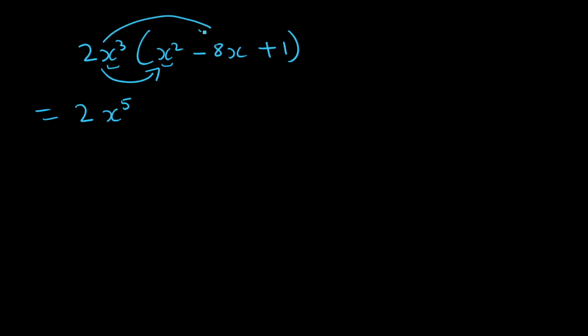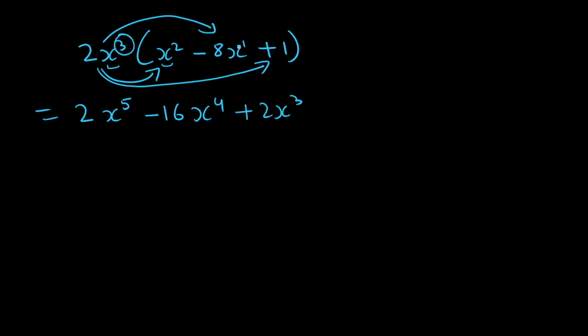The next one is 2x cubed times negative 8x. So 2 times negative 8 is negative 16. x cubed times x is x to the power of 4, because 3 plus 1 is 4. And the last one is 2x cubed times 1. So we simply write it as it is, and this is our final answer.